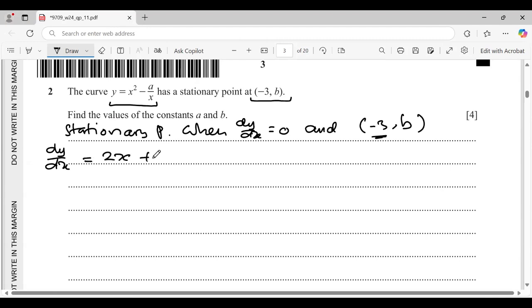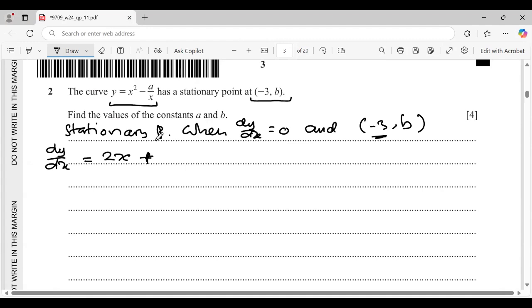2x plus, this is x to the power minus 1, so it means minus 1 times minus a, x to the power minus 1 minus 1, which becomes minus 2. So minus and minus becomes positive.